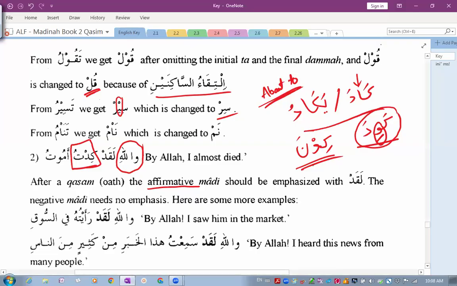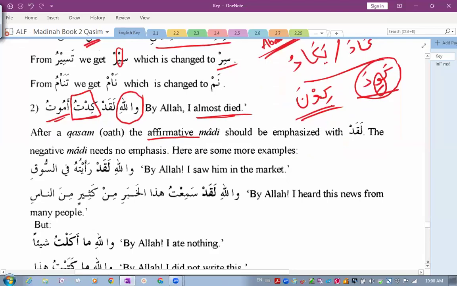Kittu is the past tense, so kittu amutu, from mata yamutu meaning to die, means I almost died. So let's continue reading and we will understand more, inshallah.